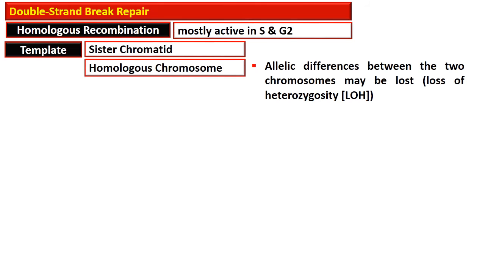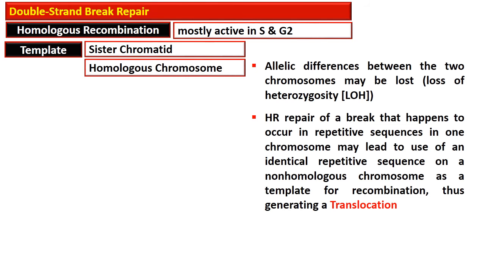One is the loss of heterozygosity, because the allelic difference between the two chromosomes may be lost as the homologous chromosome is used. Then, homologous recombination repair of a break that happens to occur in repetitive sequences, which occur frequently in the human genome, in one chromosome may lead to use of an identical repetitive sequence of a non-homologous chromosome as a template of recombination.